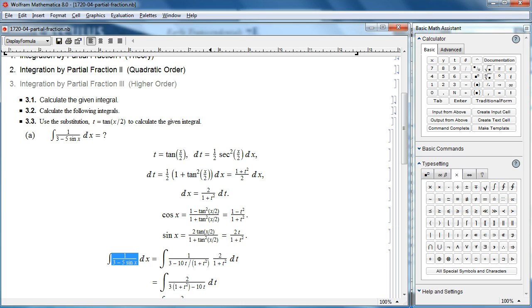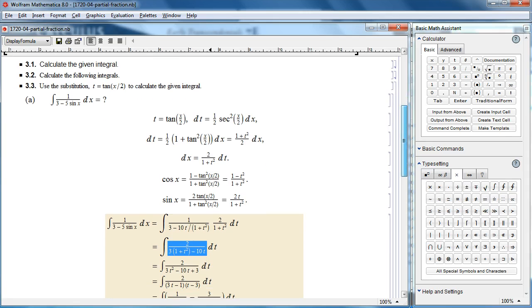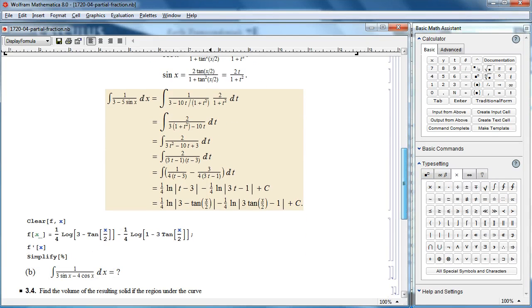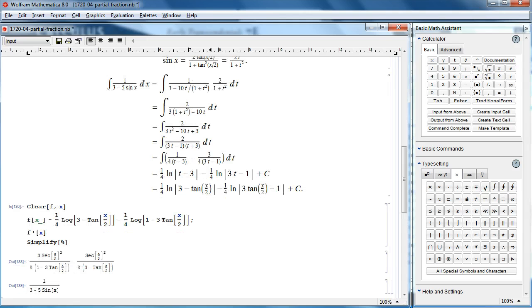So sine of x is that, and then we end up with a rational function, as you see over there, and go through all the processes, and you're gonna have two logarithmic functions, and they are logarithmic functions of tangent functions. Let's see, do we have a similar kind of integral there?